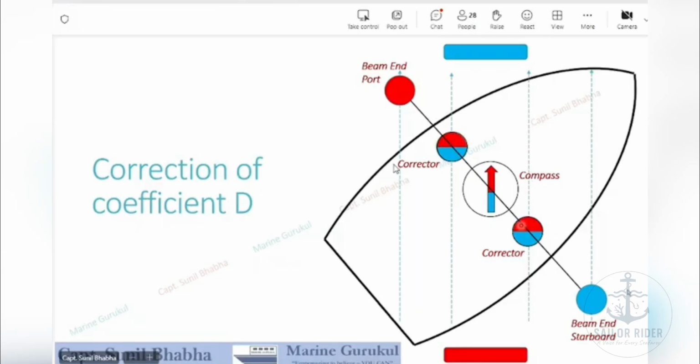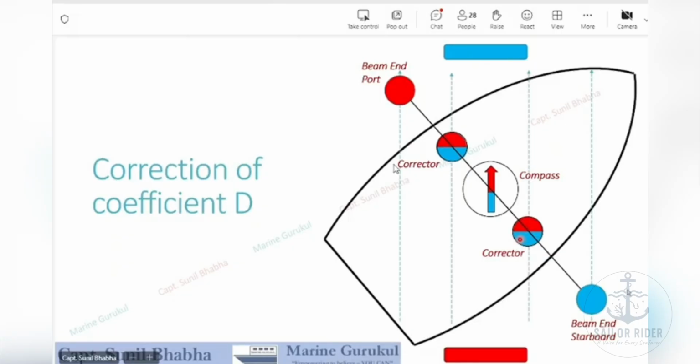So we have the corrector spheres placed in the Athwartship direction of the compass to port and starboard of the compass, and we have these corrector spheres induced by the Earth's magnetic field. Points where the Earth's magnetic field lines are entering into the spheres have got blue polarity, and the points where the magnetic lines of force are coming out of these soft iron spheres have got a red polarity.